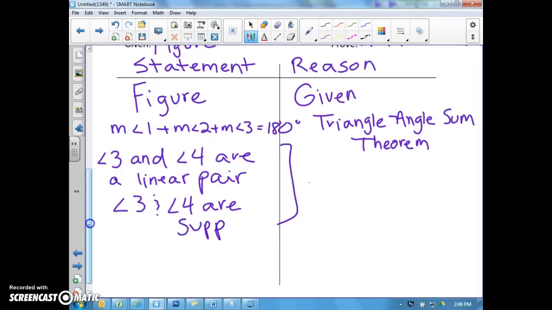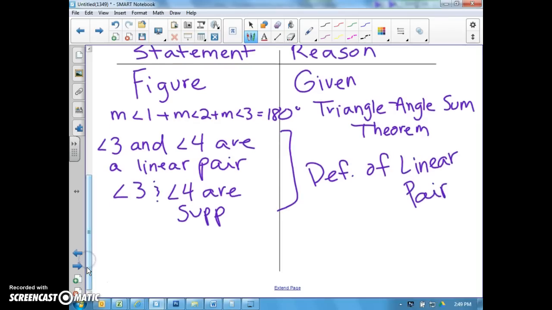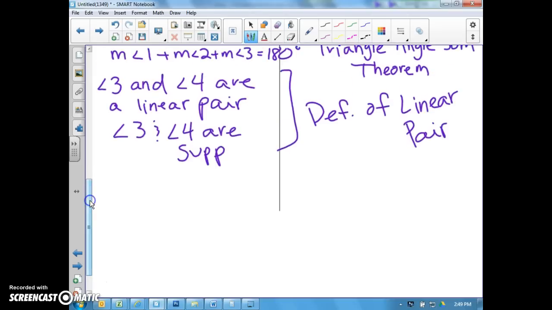This whole thing is the definition of linear pair. Now, because they're supplementary, we know that the measure of angle 3 plus the measure of angle 4 must be 180 degrees. That's what it means to be supplementary.